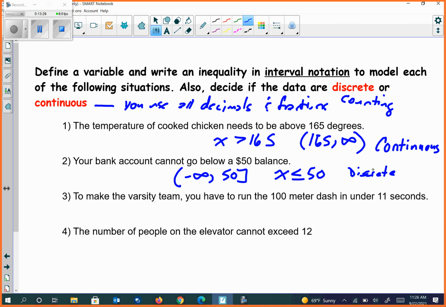I like that. All right, to make the varsity team, you have to run the 100-meter dash in under 10 seconds. 11. Or under 11 seconds. Thank you. Under 10 is like a world record. World record. 11's fast too, isn't it? Yeah. All right, so I guess technically you could go from 0 to 11 under.